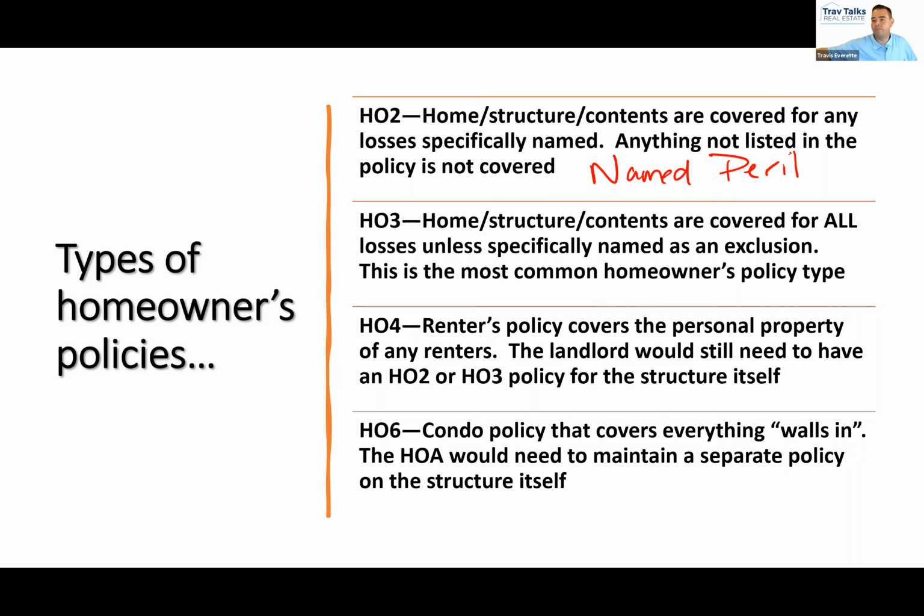Does that make sense for everybody? So the HO3 policy is the everything except. The HO3 policy covers everything unless it is specifically mentioned in the policy that that thing is not covered.